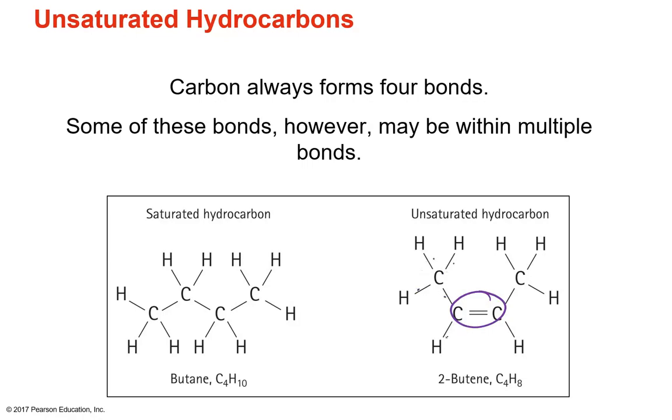On the second one, 1, 2, 3, 4. We count both of them. And so that's a double bond that we have in 2-butene. Notice it's butene because of the double bond, and butane if we have only single bonds.